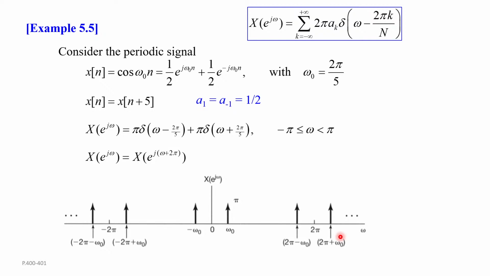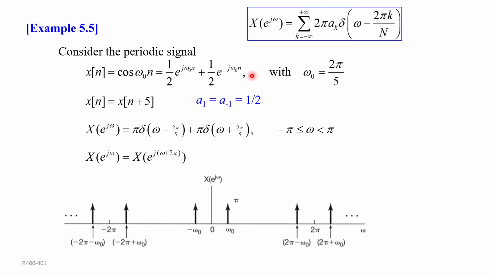Our favorite periodic signal, which is cosine. Once again, cosine x is e to the jx plus e to the minus jx, divided by 2. And here for omega naught, we pick 2 pi over 5, so this signal has a period of 5.